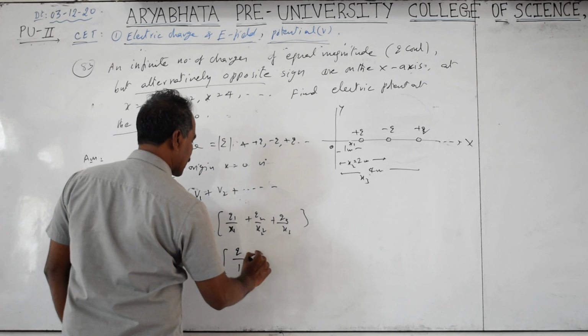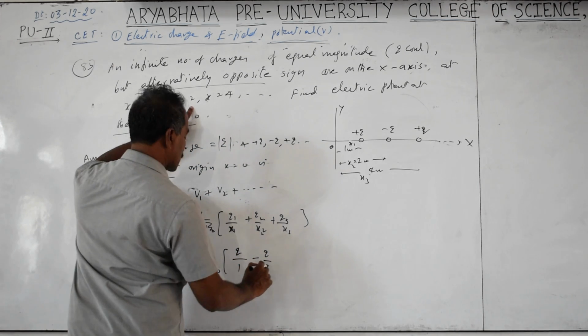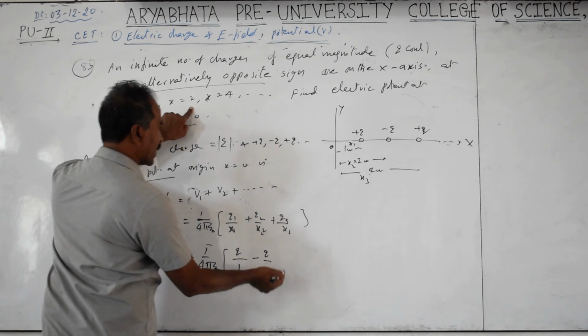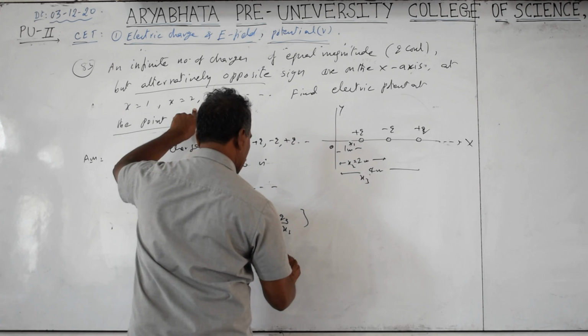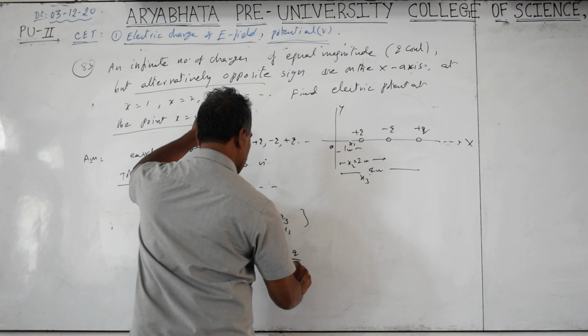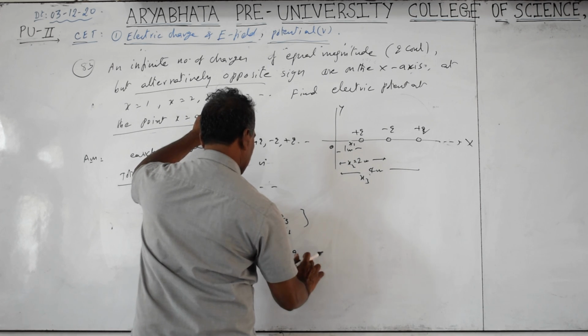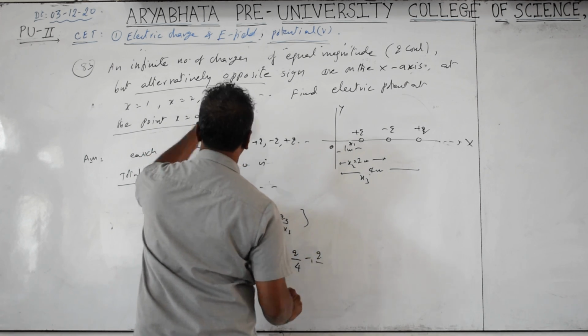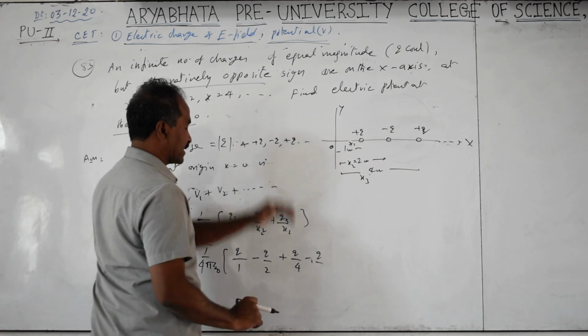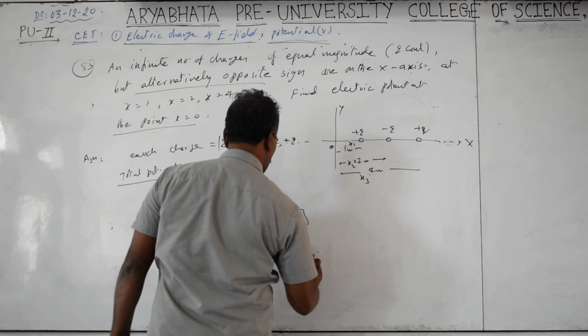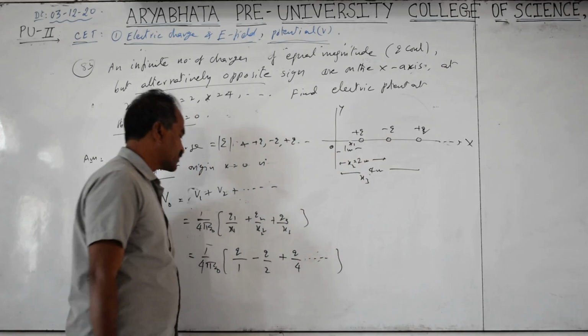Next we get minus q by the distance, which is 2. In the electric, 1 square, 2 square comes in the denominator. Next is again positive, q by 4. Next is minus q by 8, like that you will get, and so on. We require just 2 separate terms.